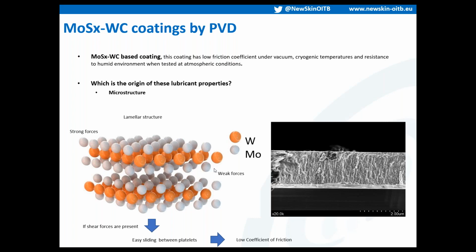Between platelets you have weak van der Waals forces, which are very weak compared with the forces between atoms inside the platelets. So if you apply shear forces, you can obtain an easy sliding between these platelets. The result is a very low coefficient of friction.